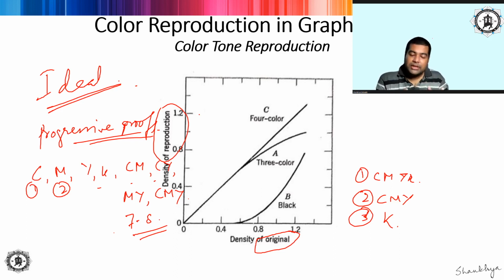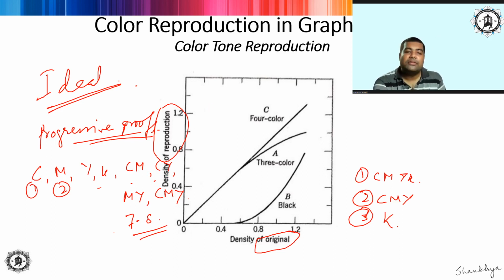What we did during the four color printing operation, we added those color bars, we added those grayscale within the print, and because each of the color bar or the step wedges have got different dot percentages and thereby different densities, we just measured those densities and plotted those density data in the reproduction, that is the printed sheet, with respect to that of the original, right? So thereby we get this straight line.